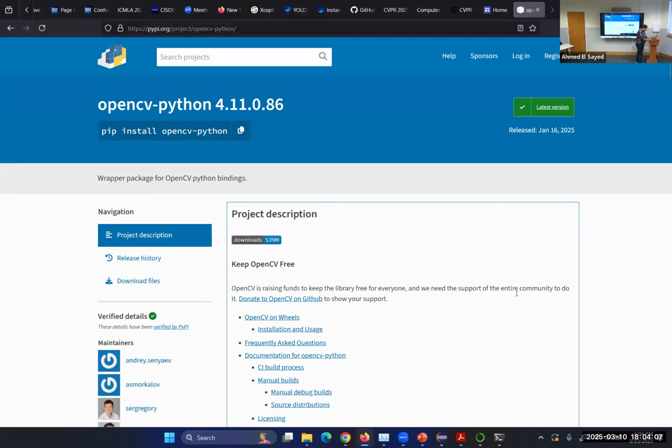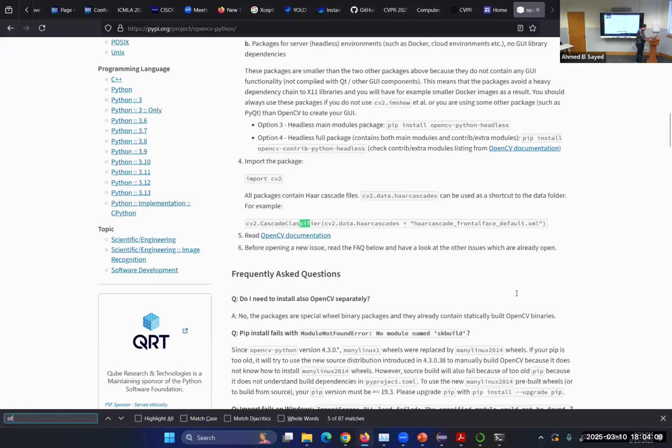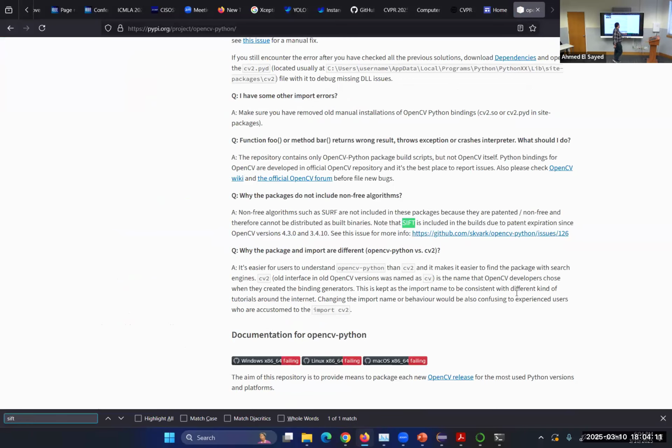If you try to search for SIFT, you will get this message. What is this message saying? Non-free algorithms such as SURF are not included in these packages. So the OpenCV Python package by default does not include SURF, because they are patented and non-free, therefore cannot be distributed as a built library.